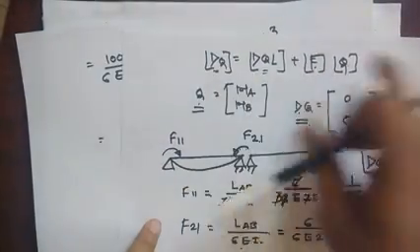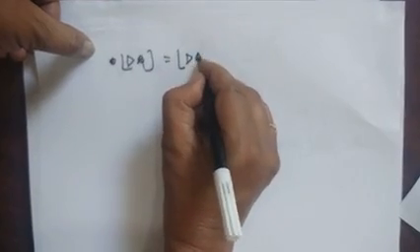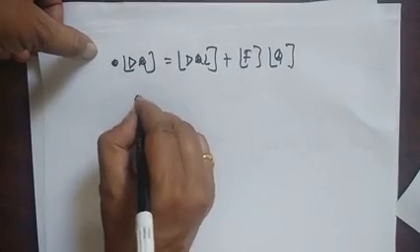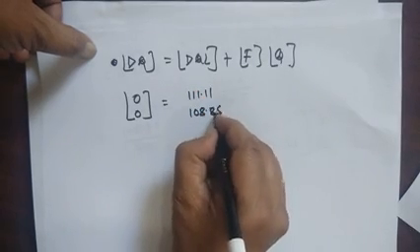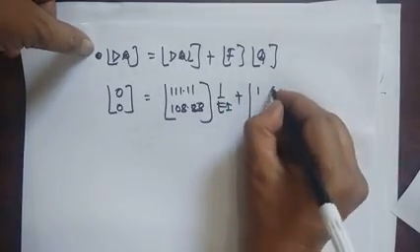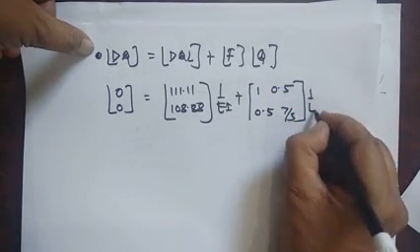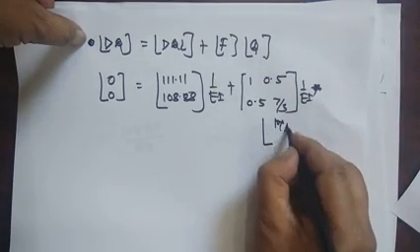Now put all these matrices into our equation, that is DQ is equal to DQL plus F into Q. So DQ we know is 0 0, DQL that is 111.11 and 108.88 into 1 upon EI, plus the flexibility matrix that is 1, 0.5, 0.5 and 7 by 3, here is 1 upon EI, then into Q, which is MA and MB.